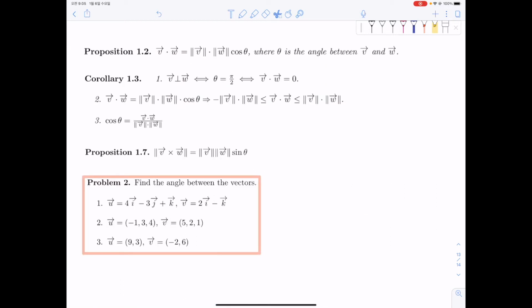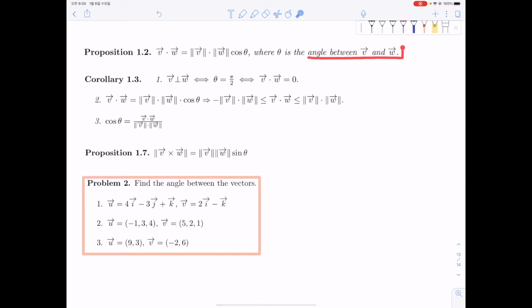And then we learn the proposition. This dot product is given by the norms of these two vectors and cosine theta. So by corollary, we have the equation like this. So we can calculate theta. Here theta is the angle between two vectors. So if we know two vectors like v and w, we can find theta by using this equation.